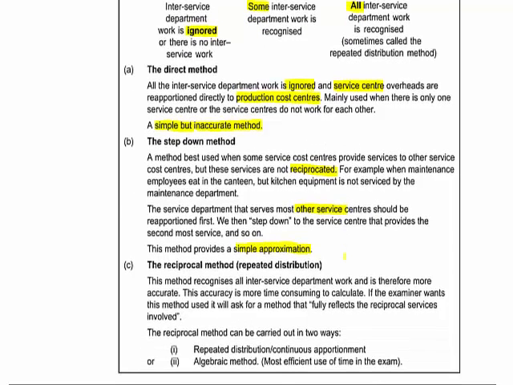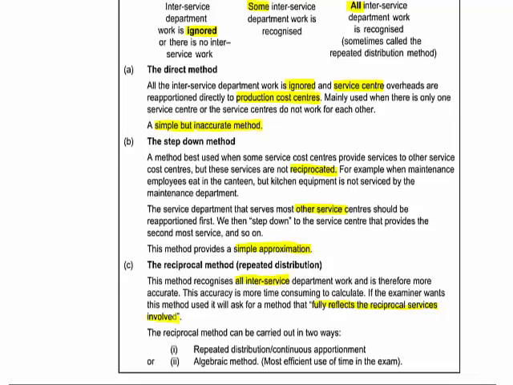The most complicated and the most accurate method is the reciprocal or repeated distribution method. All interdepartmental service work is recognised, but it's more time consuming to use. If the examiner wants it, he stated in an article that he would ask for the method that fully reflects the reciprocal services involved.